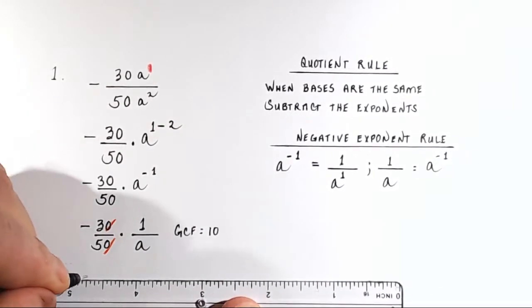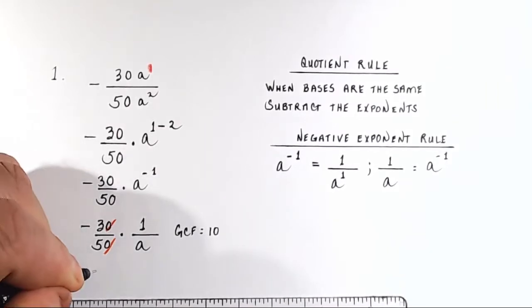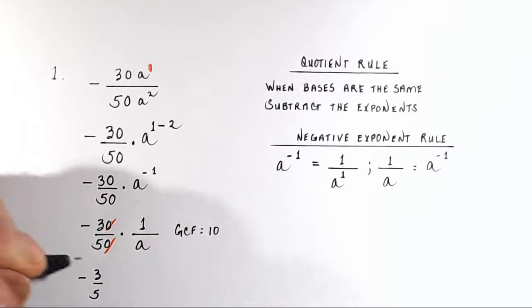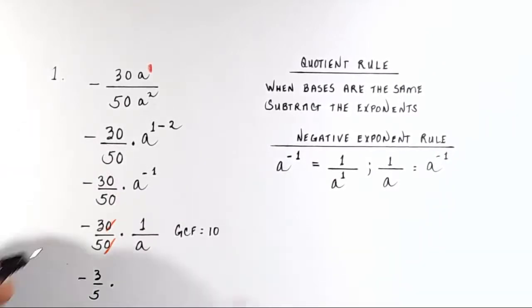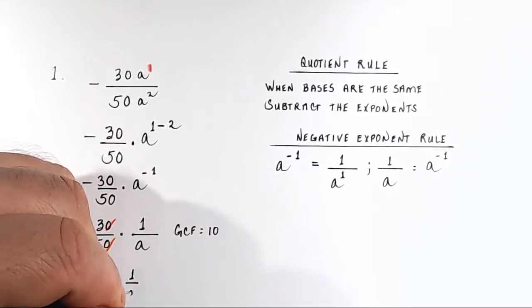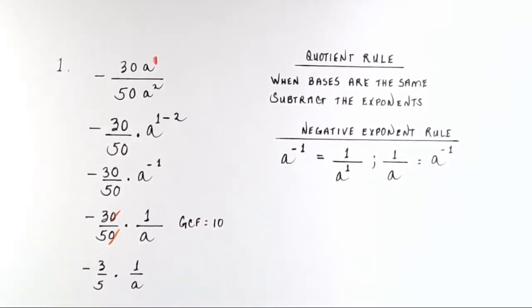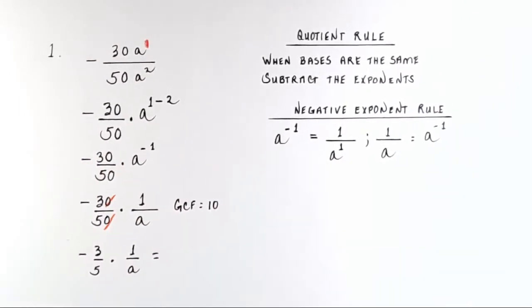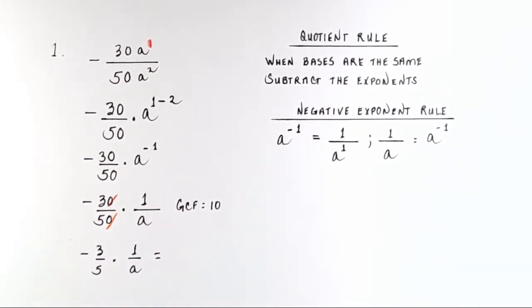So here's the next to final step. We've got negative 3/5 times 1 over a. And we're just going to do one final step to fully simplify this. Let's just multiply these back together, multiply across.